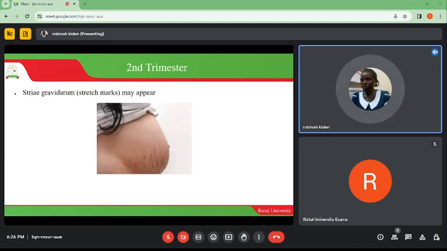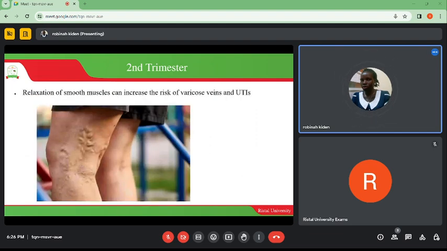Then we have the striae gravidarum or stretch marks also here. Then we also have relaxation of smooth muscles, which increases the risk of varicose veins and also increases UTI.